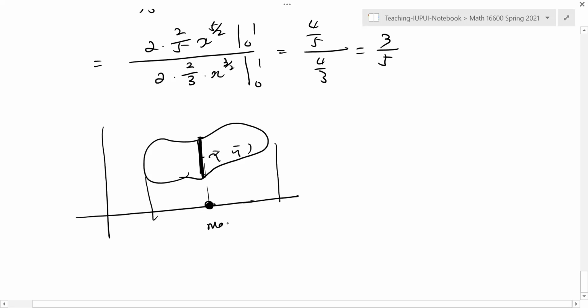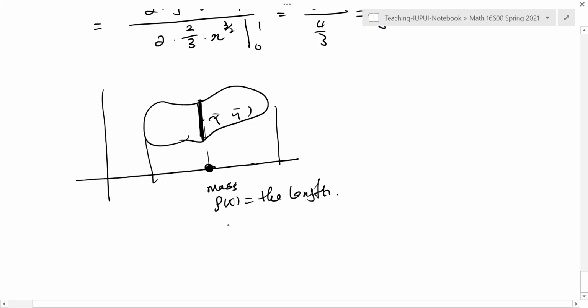The mass at that point is going to be determined by the density function, which is the length of the vertical line segment inside the region.